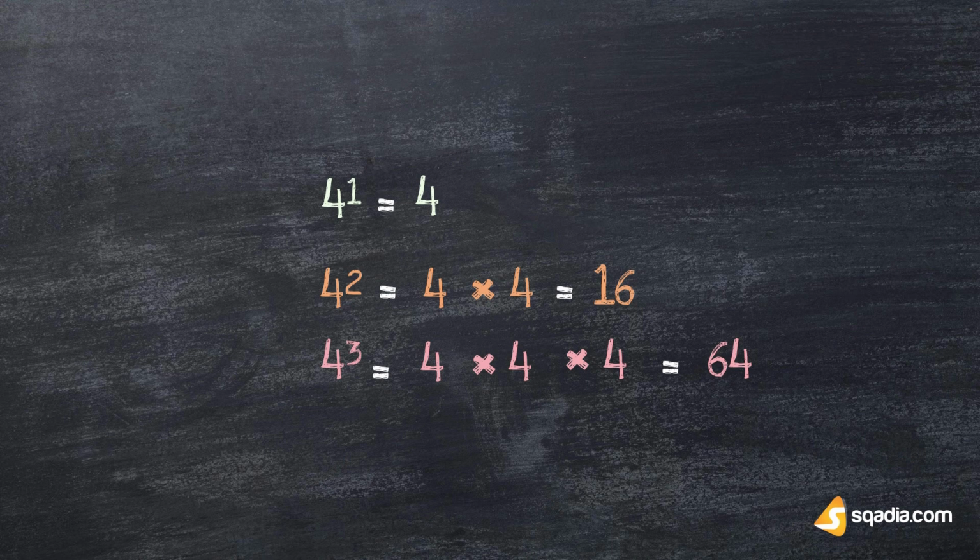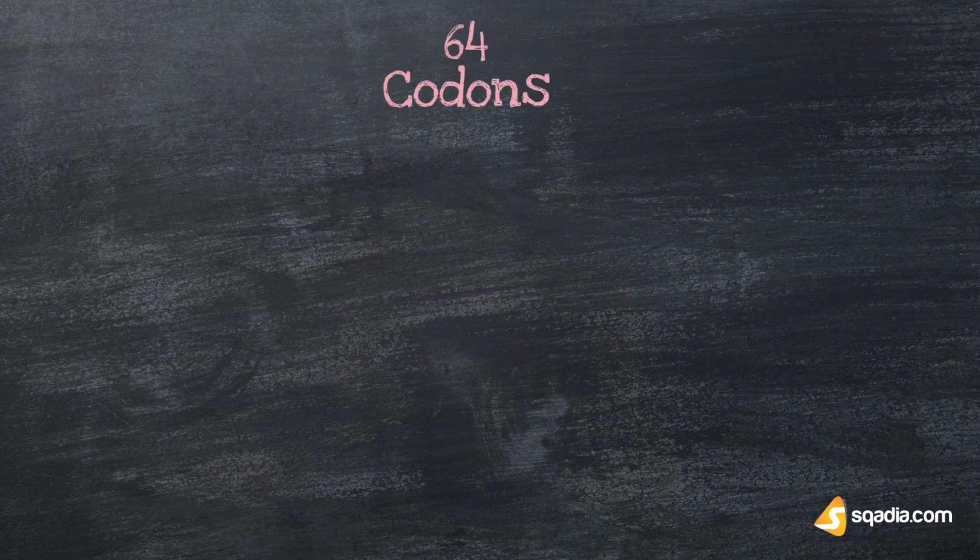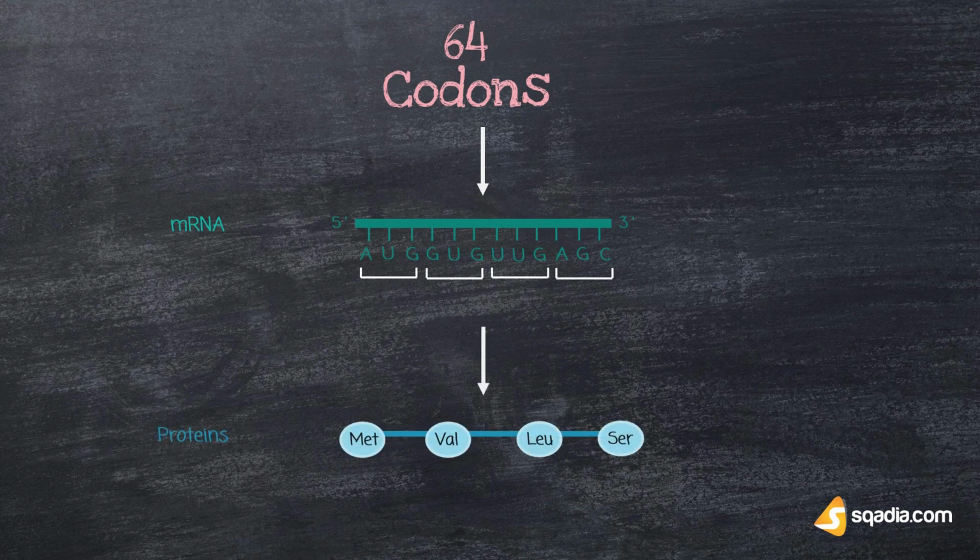Moving forward, after Crick's initial experiments, Marshall Nirenberg, Philip Leder, and Har Gobind Khorana tested all the 64 codons by making artificial messenger ribonucleic acids and triplet codons and using them to synthesize a protein.